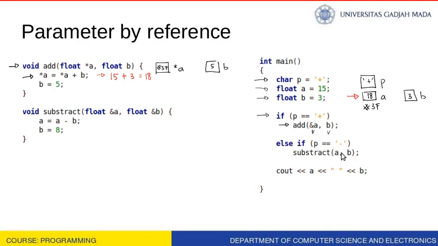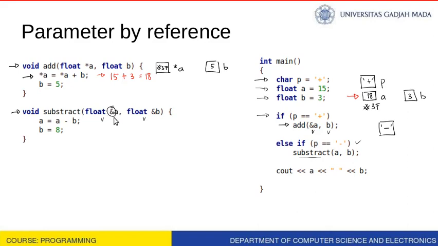And now let us see the next function call. Suppose I have P is equal to minus or subtract, so this will be true, and then I will do the function call. And then let us see here what is the function call. In this function call we have 2 parameters, and those parameters have this ampersand character, so it means that this is an address.